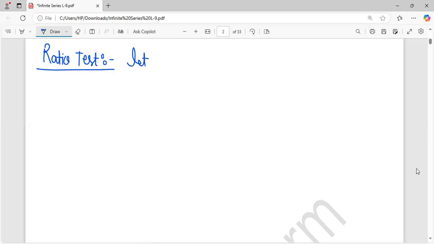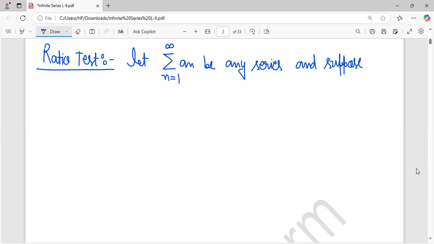Ratio test. Let summation n goes from 1 to infinity of a_n be any series, and suppose that limit n tending to infinity of a_(n+1) upon a_n is equal to rho.